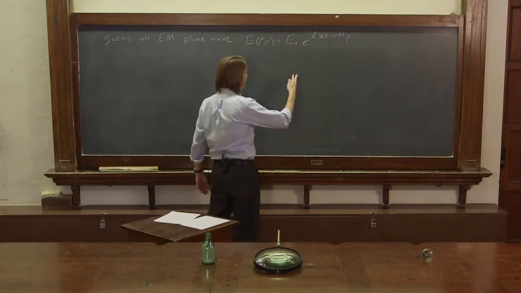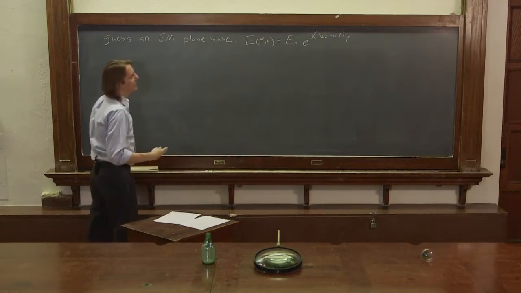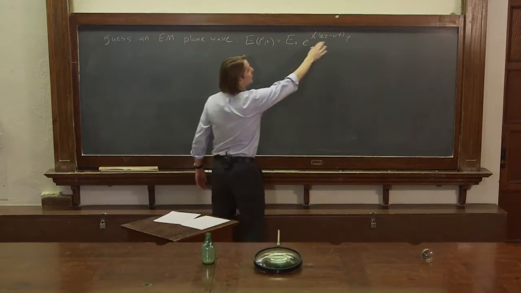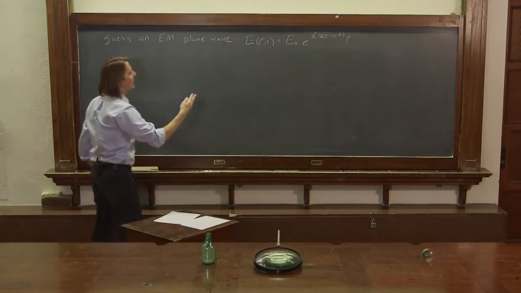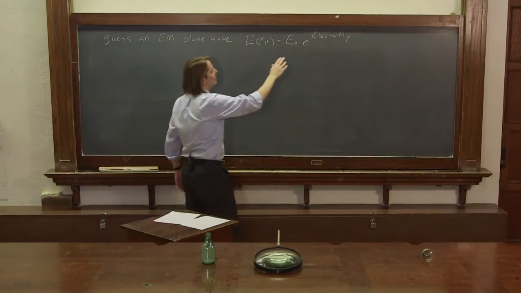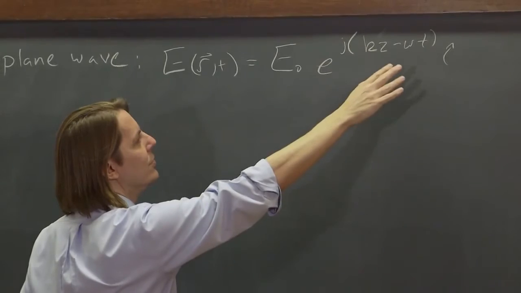So del squared of E just means d²E/dr², and it only depends on z, so we take two spatial derivatives with respect to z.